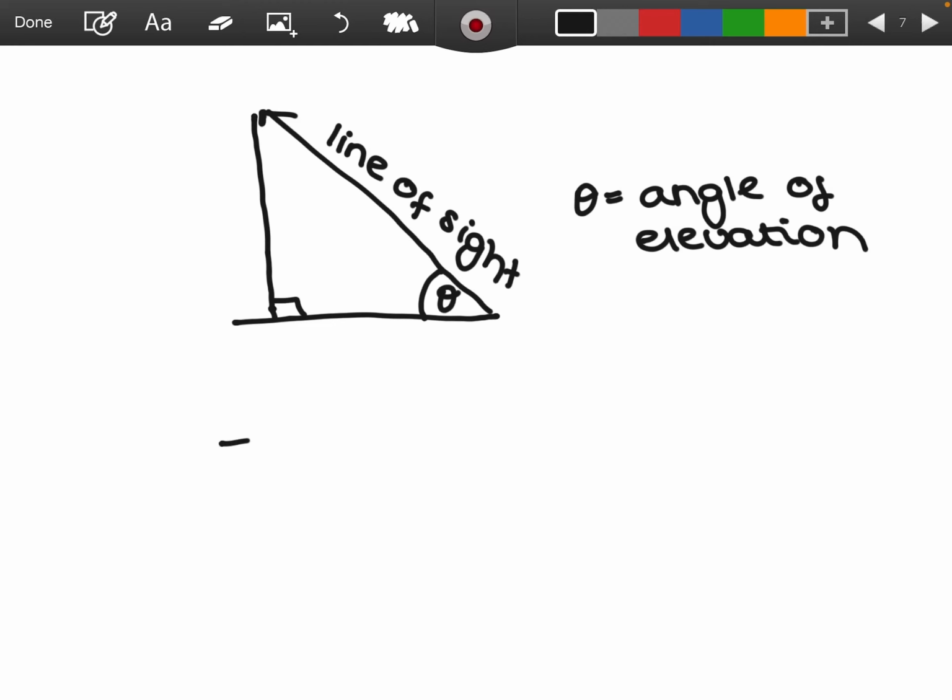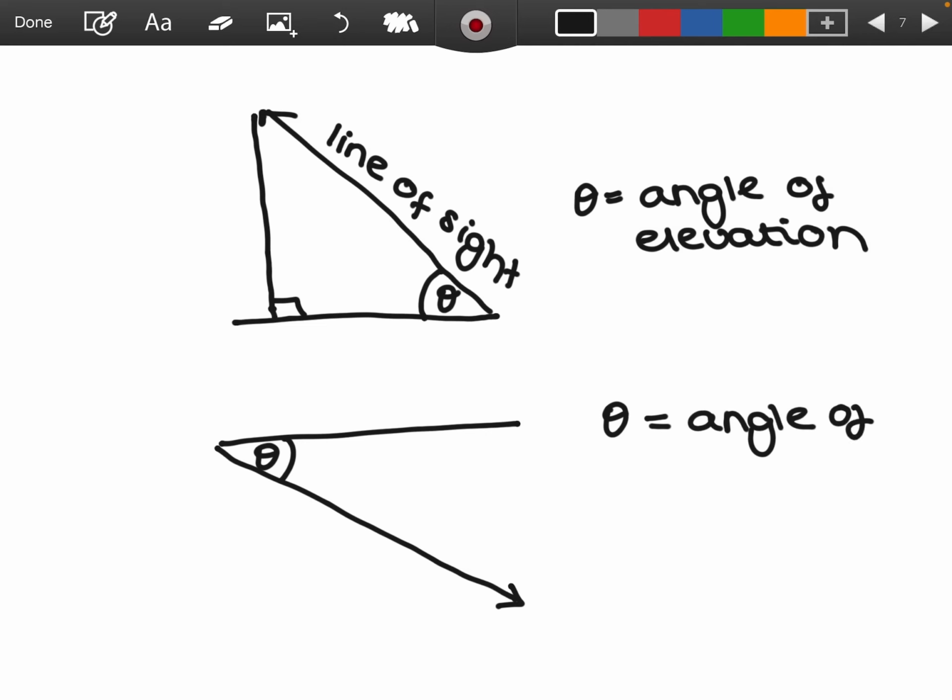If a person is looking down at an object, so this is the horizontal that is in a person's eye line, but they are looking downwards, so their line of sight is downwards here, then this angle here is called the angle of depression. There is something called a Z angle, if you've ever looked at right triangles before, which says that if I draw this out as a backwards Z, those two angles actually equal one another.